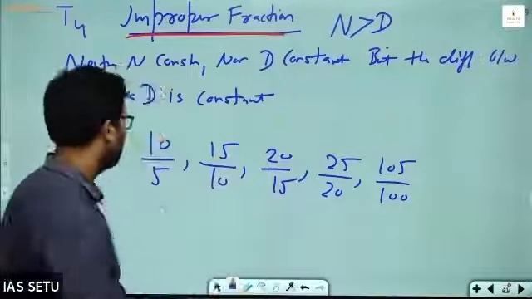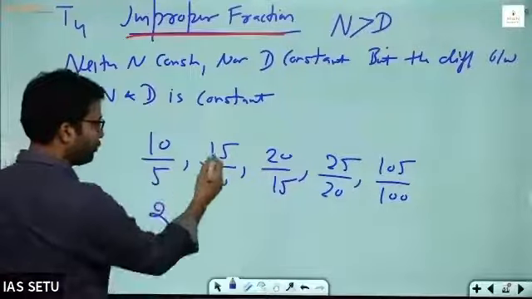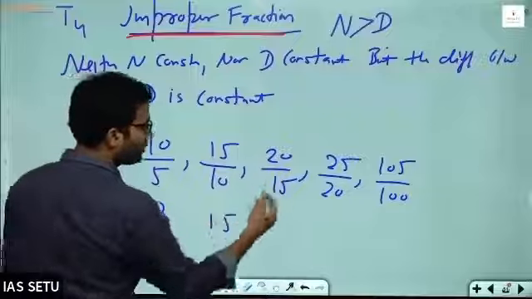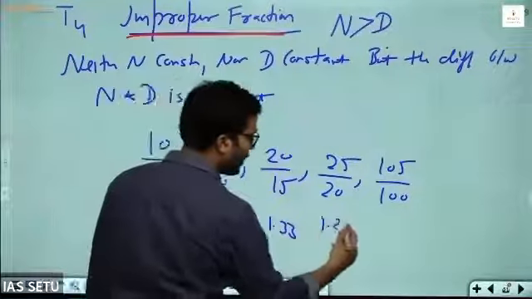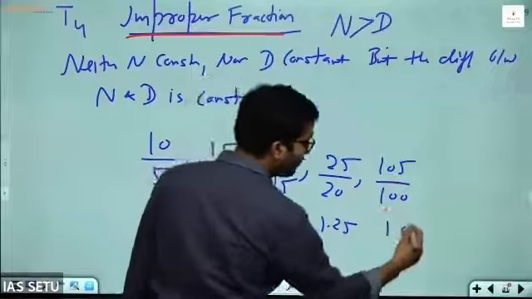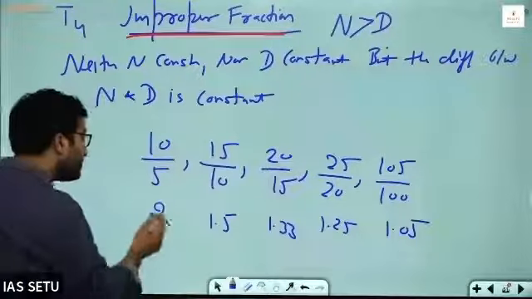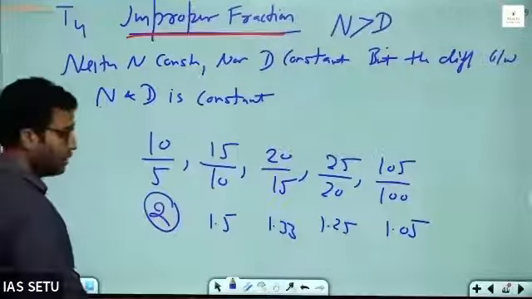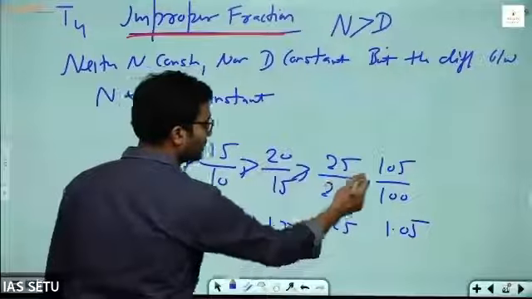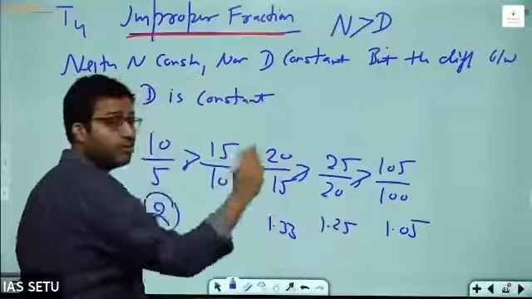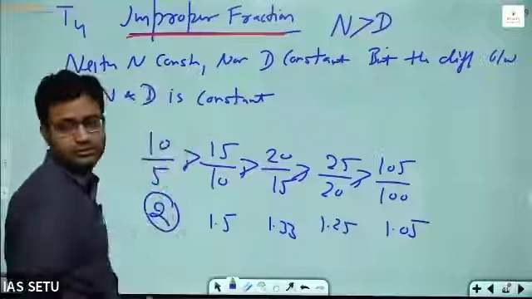In a flow, your mind will say this is the largest. But wait. 10 by 5 is 2. 15 by 10 is 1.5, 20 upon 15 is 1.33, 25 by 20 is 1.25, 105 upon 100 is 1.05. Here, this is the largest. So in this case, this is larger than this, this is larger than this, this is larger than this, this is larger than this. 105 upon 100 is the smallest.